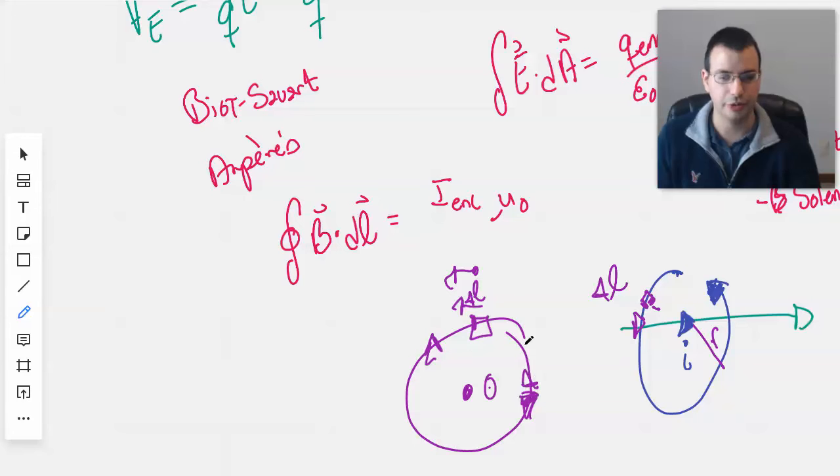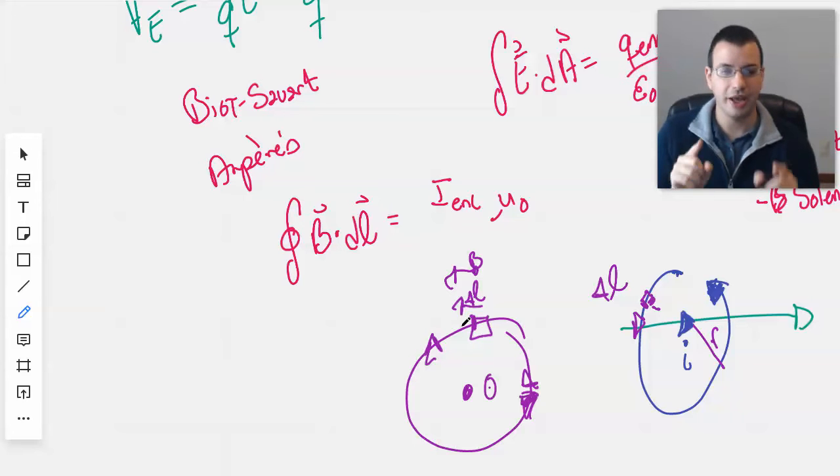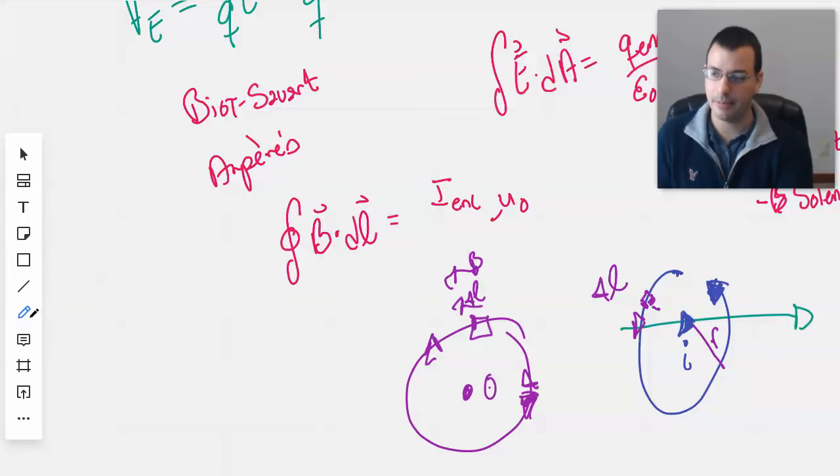No, that one's wrong. There we go. And so the magnetic field and the length would both be going that way in this drawing. At every point, the magnetic field and the length will be parallel. And by being parallel, the angle between the two, theta, will equal 0.